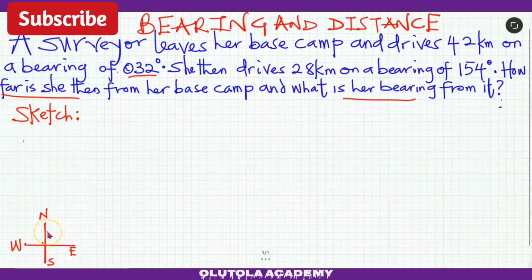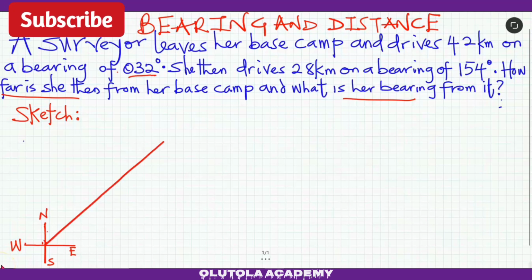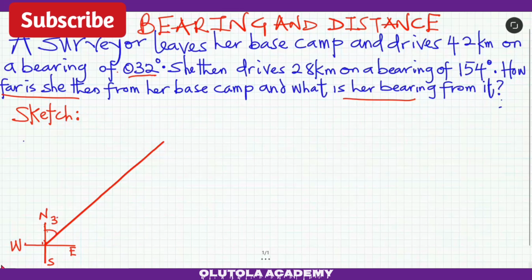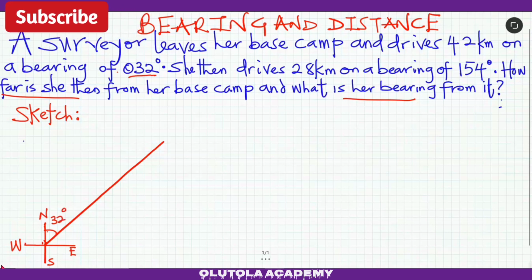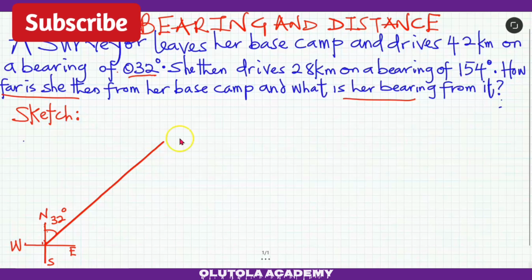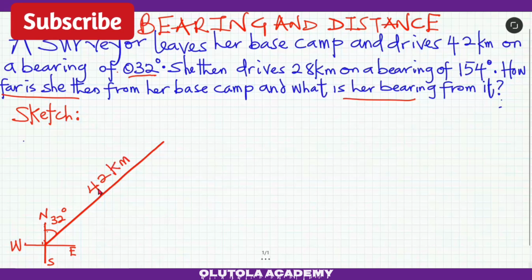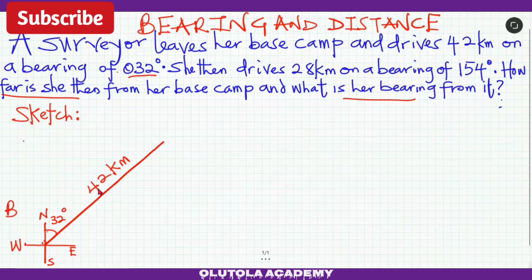So I'll take this to be 032, which I can still write as 32 degrees. Then she drives about 42 kilometers. So here will be 42 kilometers. Then I will call this the base camp according to the question.